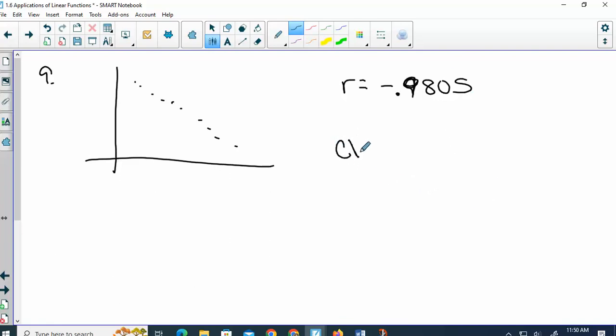So if we look at table 2, we're looking for our critical value. How many points did we have? 7 points. So everybody look at table 2 on your formula sheet. When our n is 7, what is the critical value?